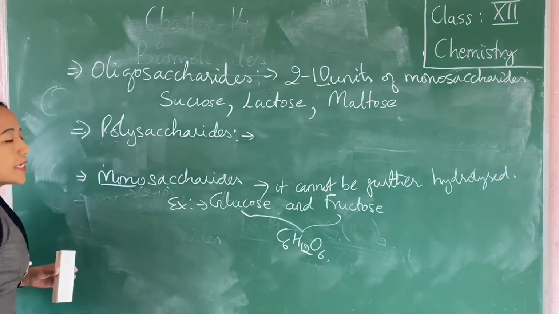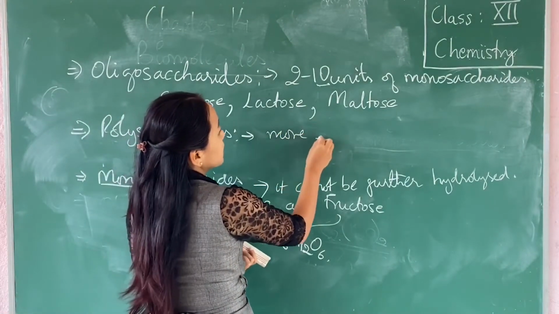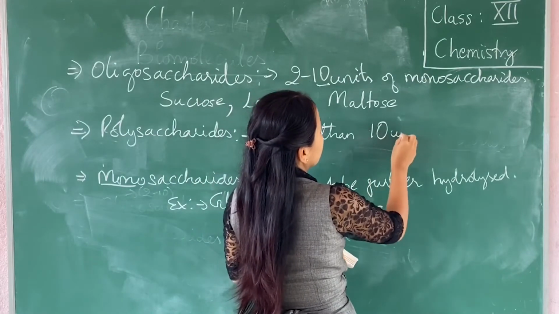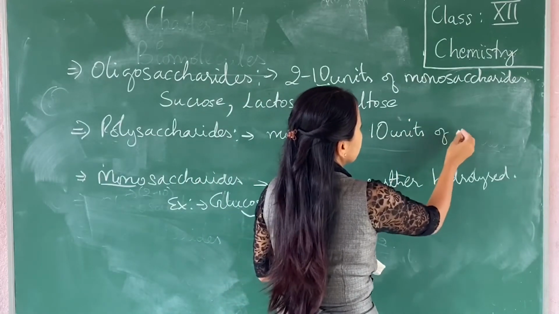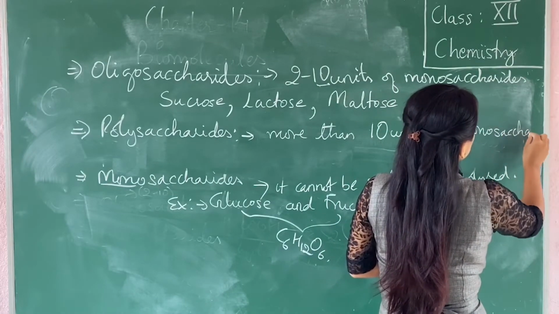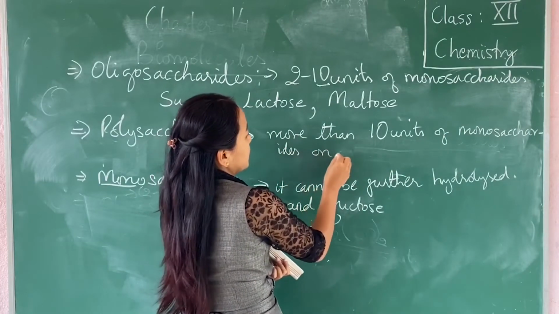So polysaccharides are the carbohydrates which give more than 10 units of monosaccharides on hydrolysis.